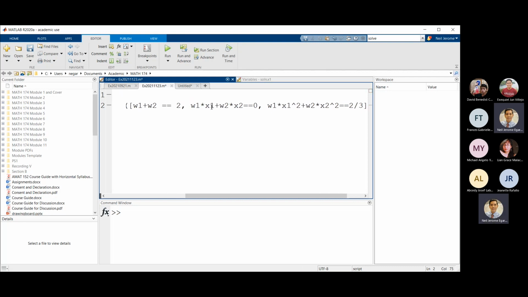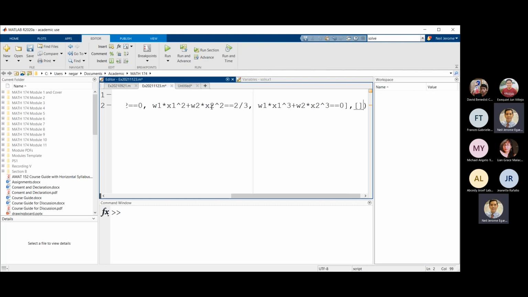Okay. And then the last equation is W1 times x1 cubed plus w2 times x2 cubed equals 0. Okay. So ito yung apat na equations na na-derive natin mula dun sa definition ng degree of precision. Okay? And they will be the first vector input to the solve command.